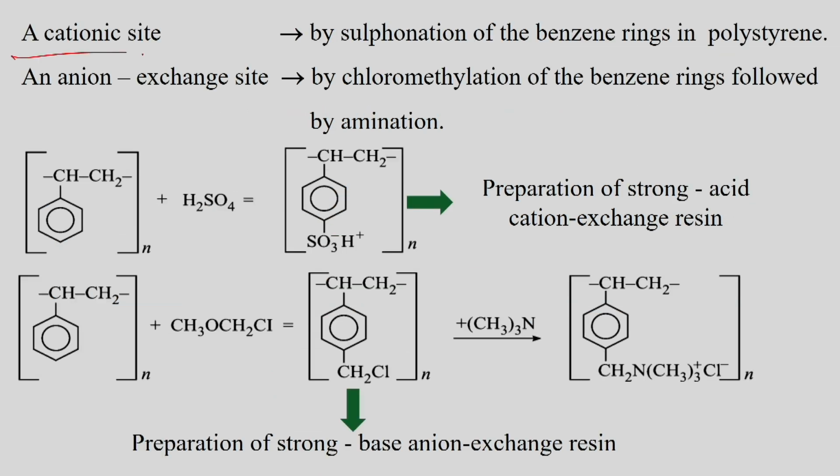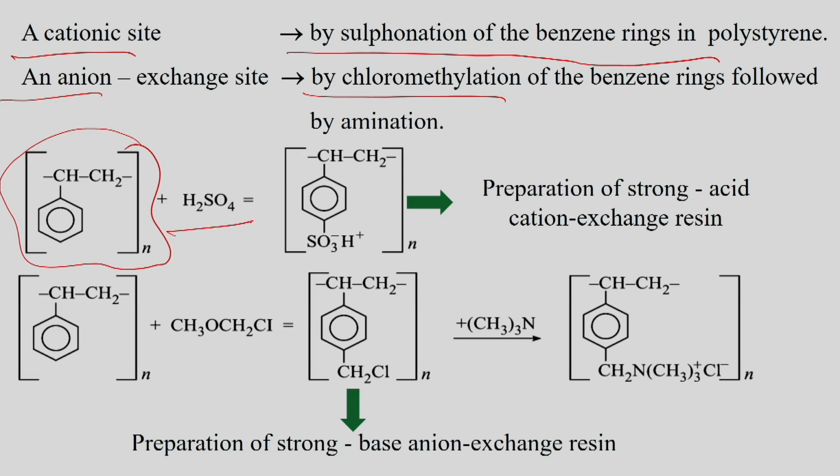A cationic site is made by sulfonation of the benzene rings in polystyrene. An anionic site is made by chloromethylation of the benzene ring followed by amination. Suppose polystyrene is reacted with sulfuric acid, we get a strong acid cation exchange resin.